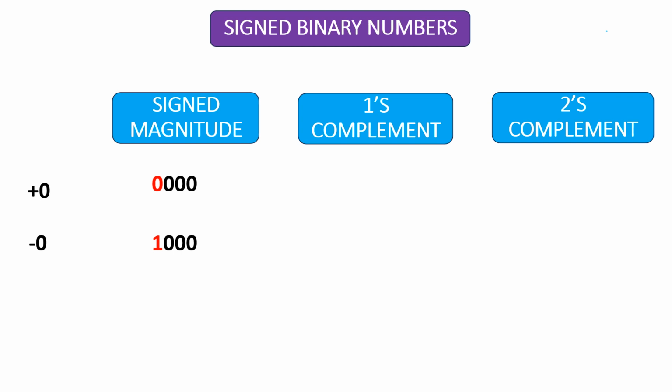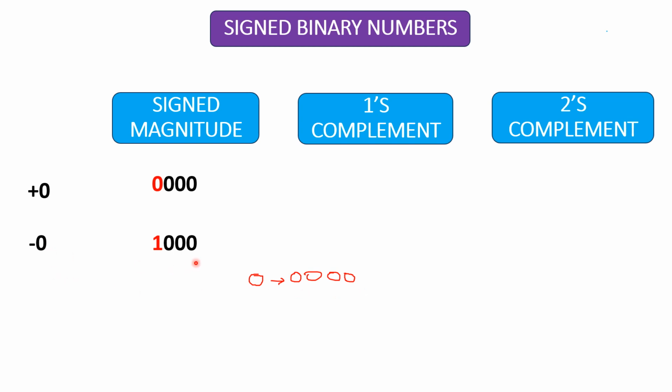In true form, we represent 0 in the normal way we represent a binary number. We are representing all in 4-bit form. So here plus 0 in sign magnitude form is similar to the true binary form.